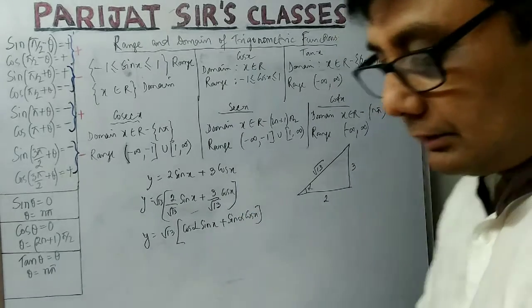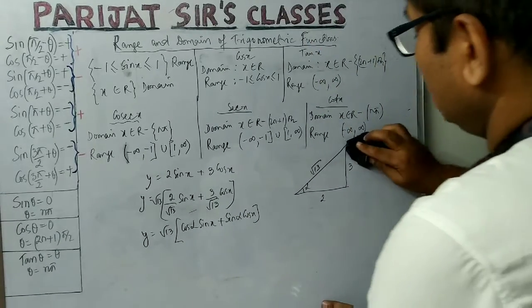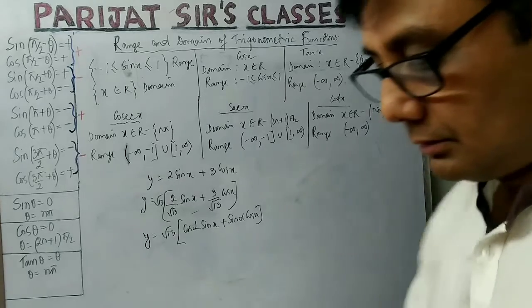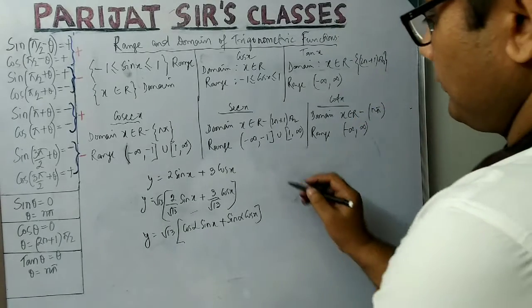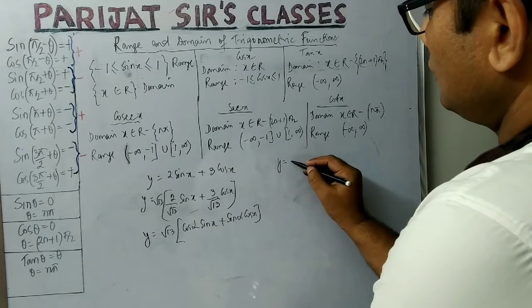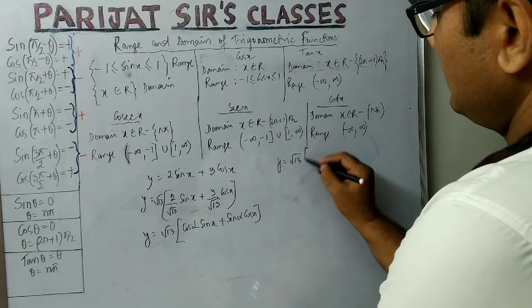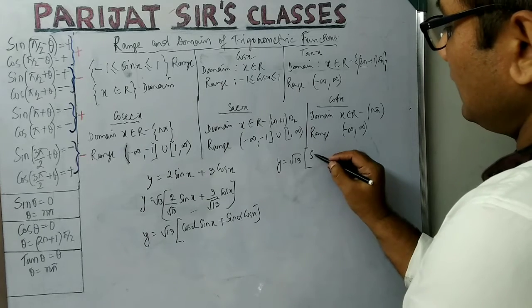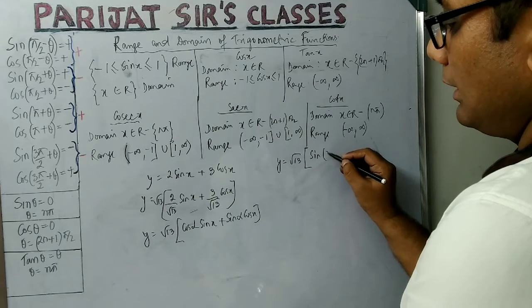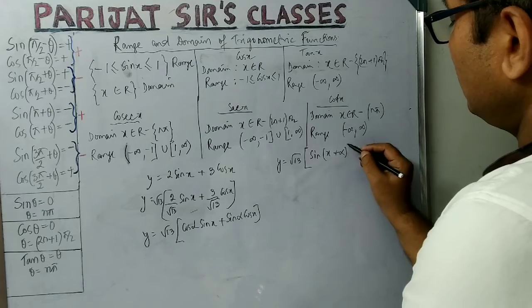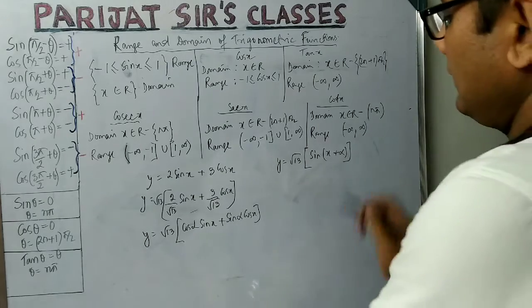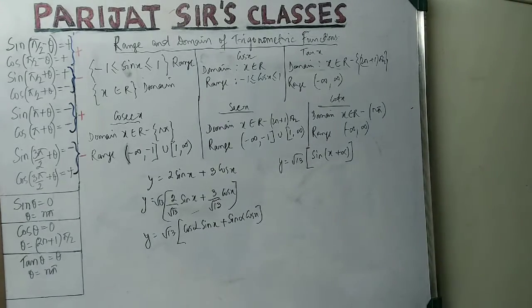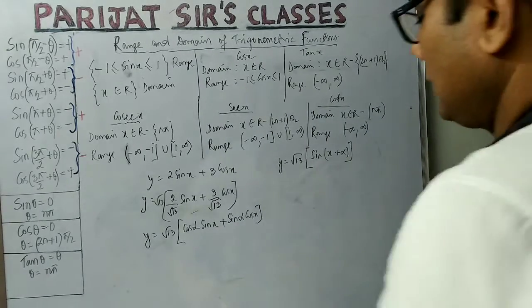So from here what we can write is y is equal to root 13 sin(x plus alpha). And now we have converted it to a single trigonometric equation.